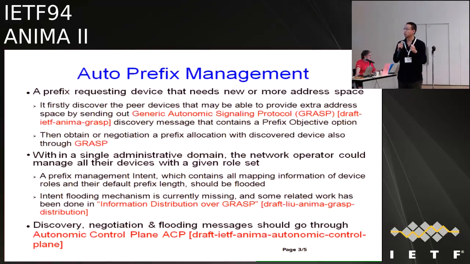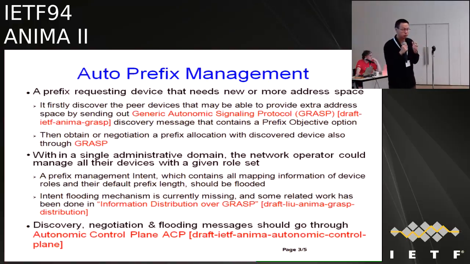Within a single administrative domain, the network operator could manage all their devices with a given role set, like 4 or 5 roles. Then a prefix management intent, which contains all the mapping information of device roles to their default prefix length, should be flooded to all those devices.